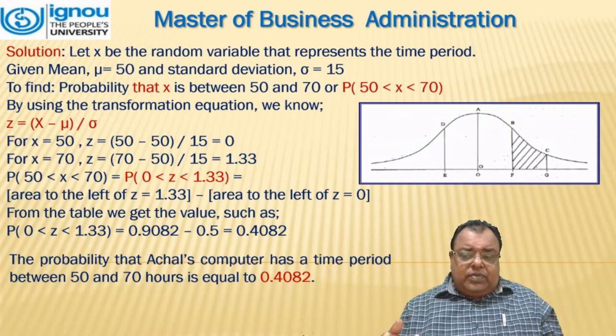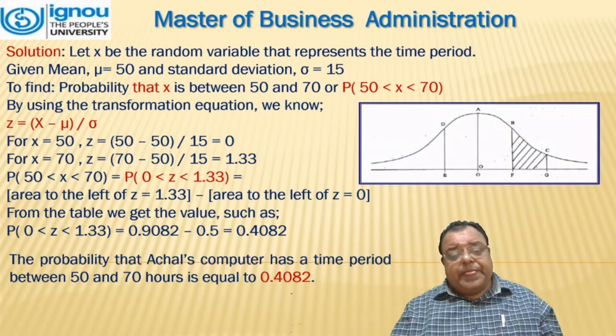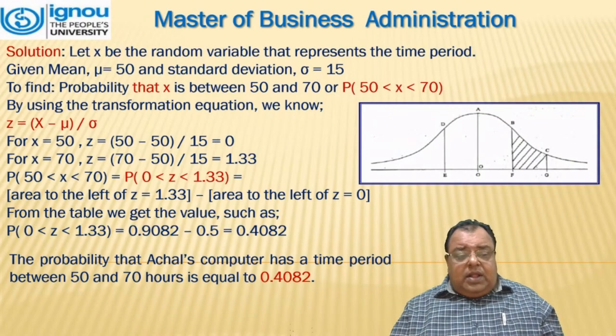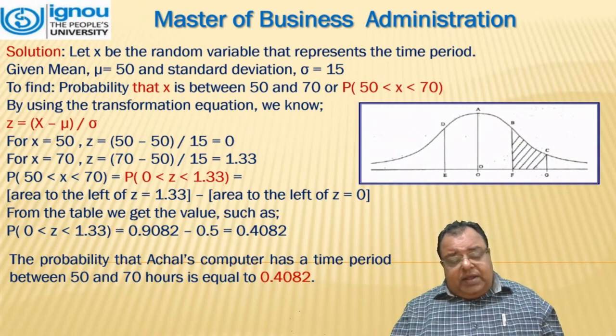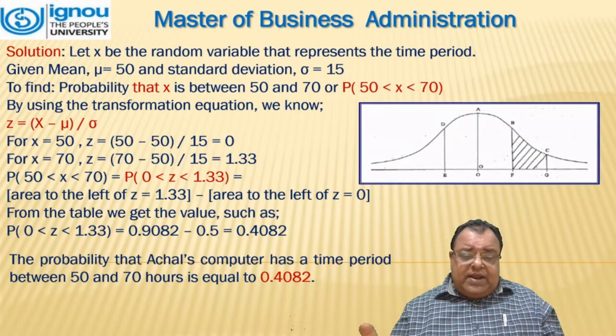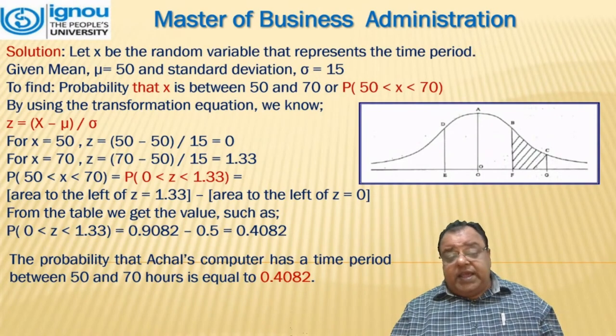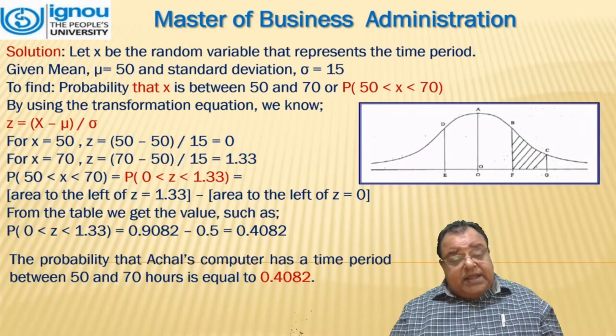Now, we will plot this on the z graph. Converting 50 less than x less than 70 in terms of z, it will be P of 0 less than z less than 1.33. That equals the area to the left of z equal to 1.33 minus the area to the left of z equal to 0.